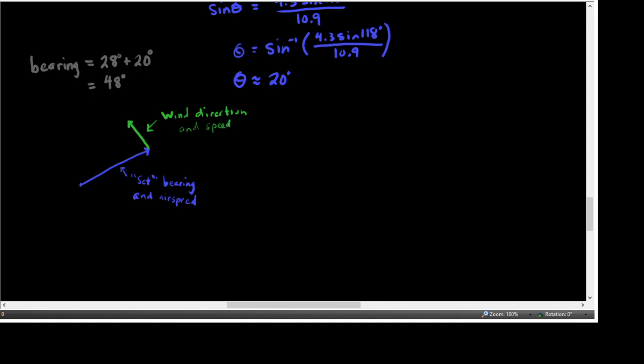Then the result, what will actually happen, is that we'll go in this direction at the speed indicated by the magnitude of that red vector. And so this is your final bearing. It's what you actually end up doing.